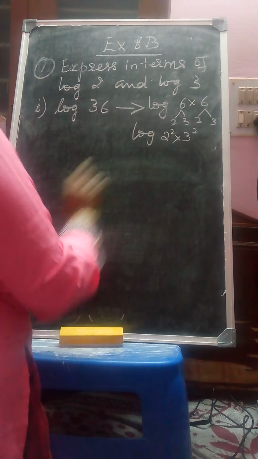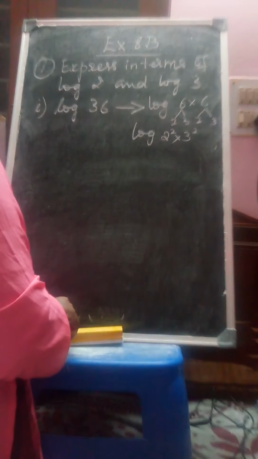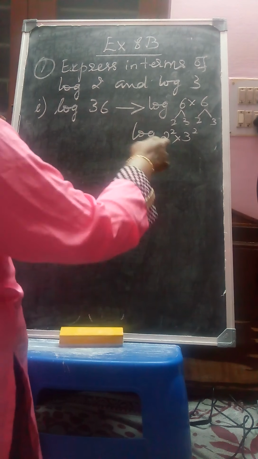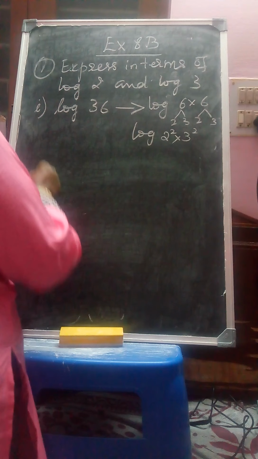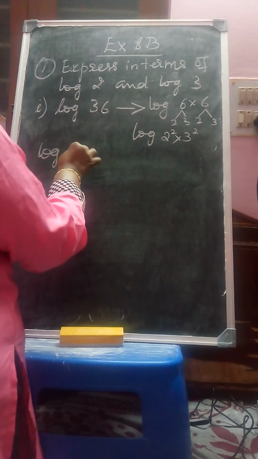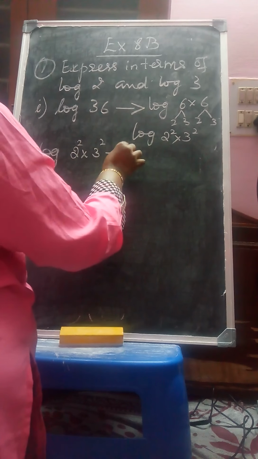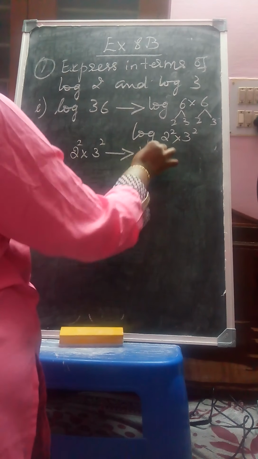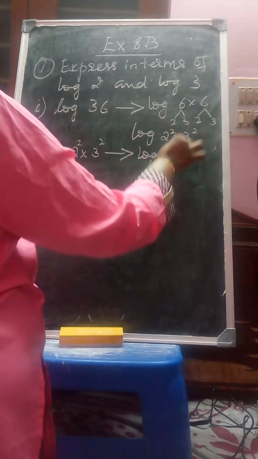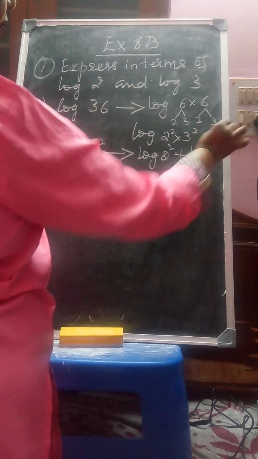Now I can write it in the form of log 2 and log 3. See here, this is a product law. So I can write 2 square into 3 square, right? Now I can write this as log 2 square plus log 3 square.